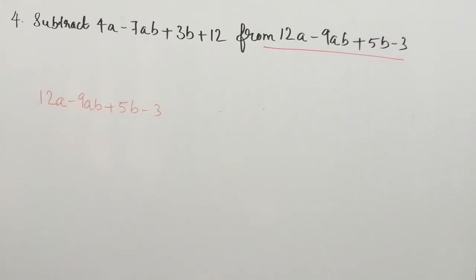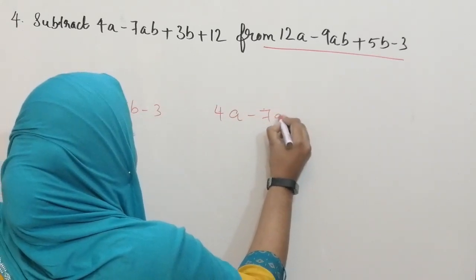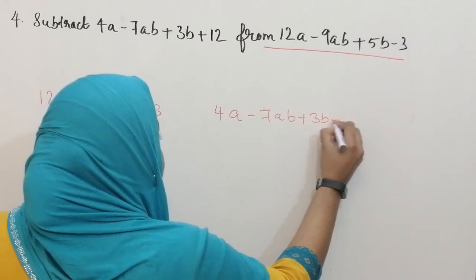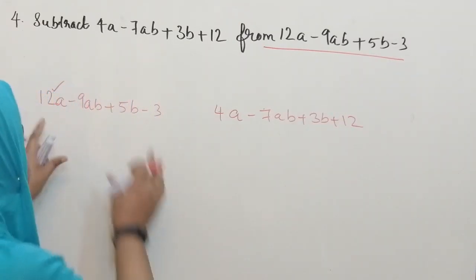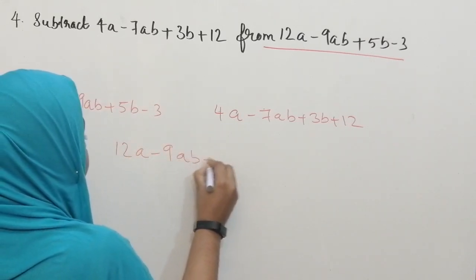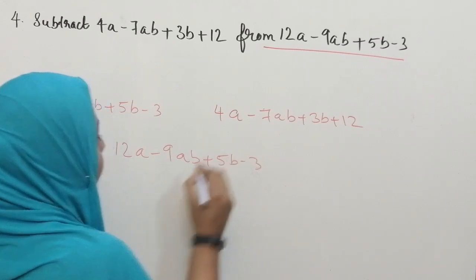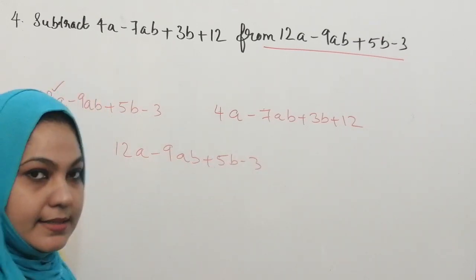After that you can write this one, 4a minus 7ab plus 3b plus 12. For solving this question, first you have to write 12a minus 9ab plus 5b minus 3.